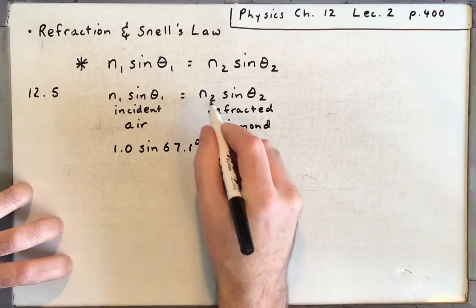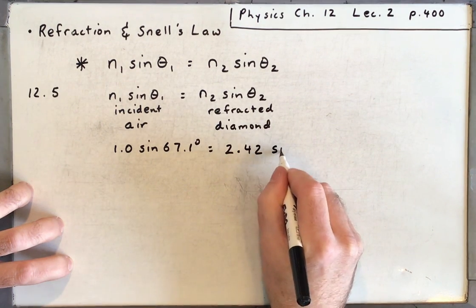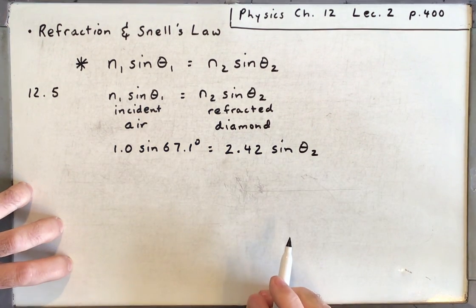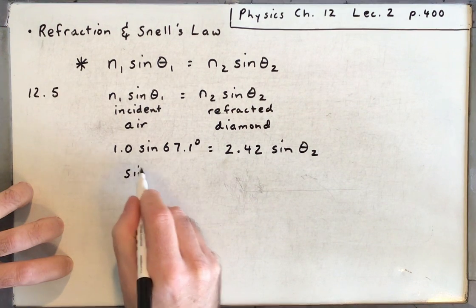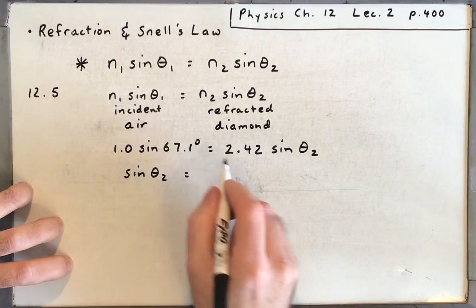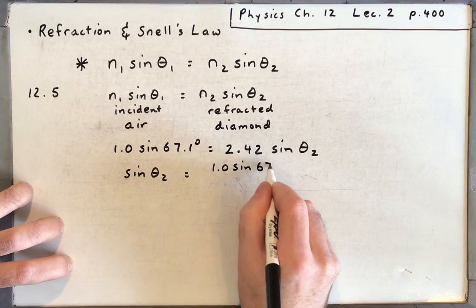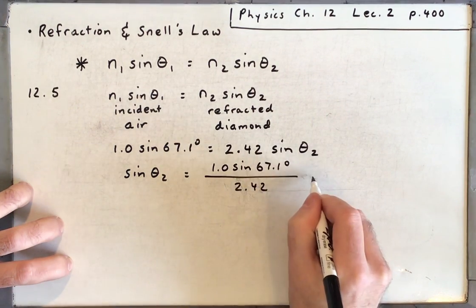The n for diamond is 2.42, and we're trying to figure out theta 2. So the sine of theta 2, we're going to bring 2.42 underneath the left side. So it's 1.0 sine 67.1 degrees over 2.42.